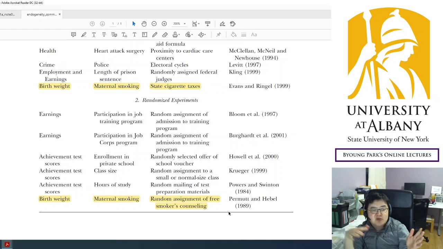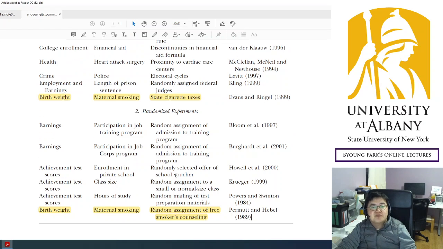It is random, so it has nothing to do with anything else. By definition, it is uncorrelated with anything else. But the random assignment can result in a change in the smoking decision. So the smoking decision may be affected by the assignment. So relevance is okay, and by the definition of randomness, and how the assignment is generated, independence is automatically satisfied.